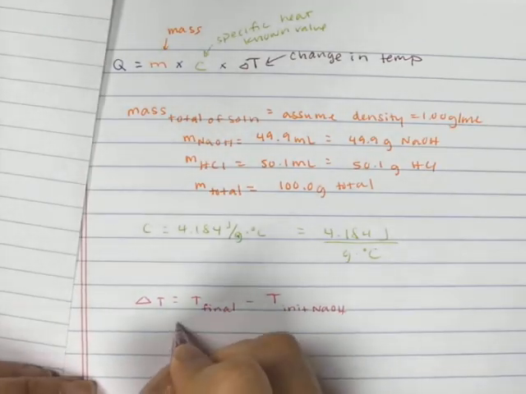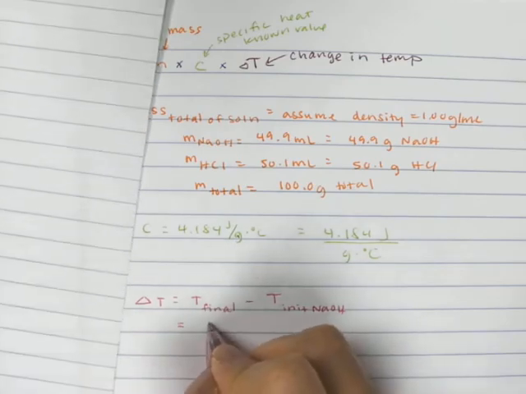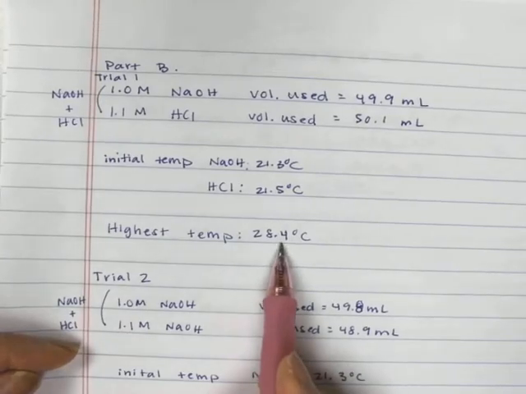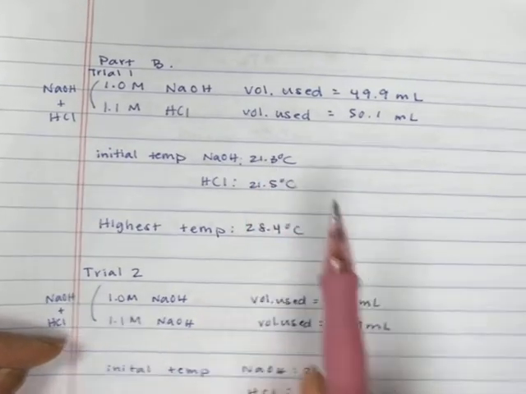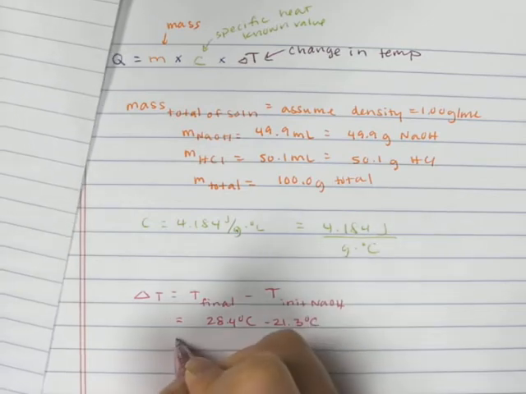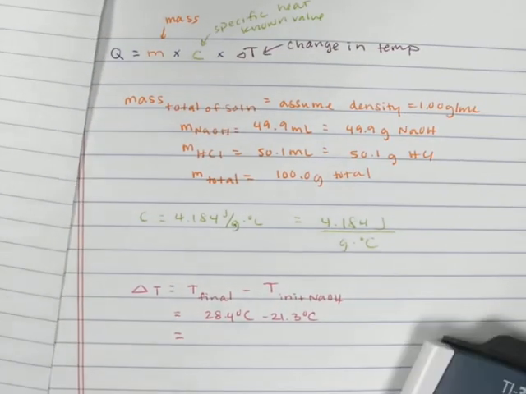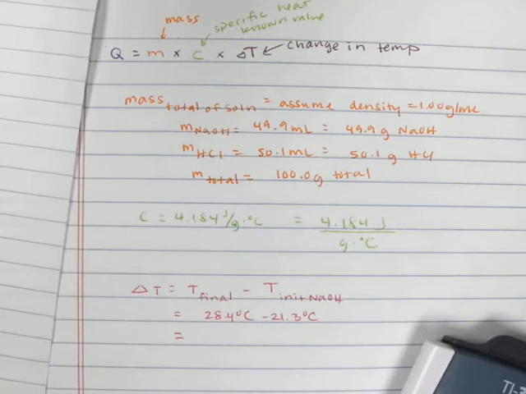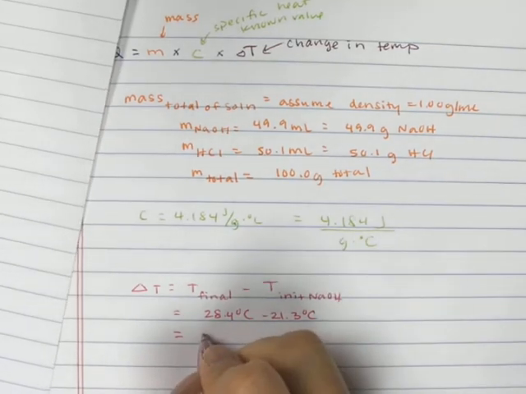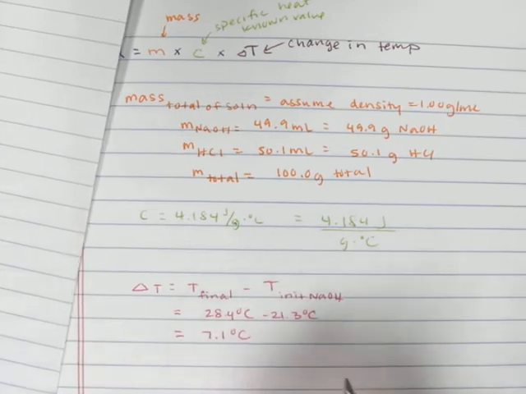So my delta T will be 28.4 degrees. So that was the highest temp, 28.4, and then it'll be minus 21.3. So that will be 7.1 degrees Celsius.